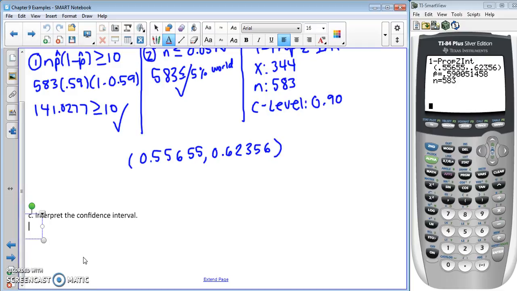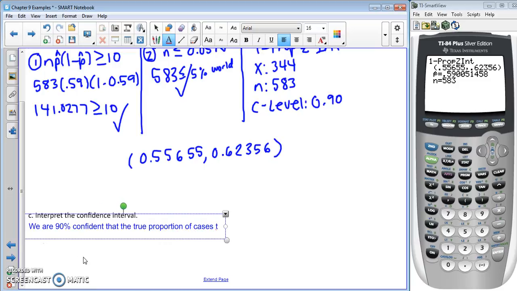So we're going to always start off with we are, and then blank percent confident. So in this case, we're dealing with 90% confidence level. So 90% confident that the true population, whatever, so in this case, we're working with proportion. So the true proportion of cases that result in death, so you always want to relate it back to the context of the problem.